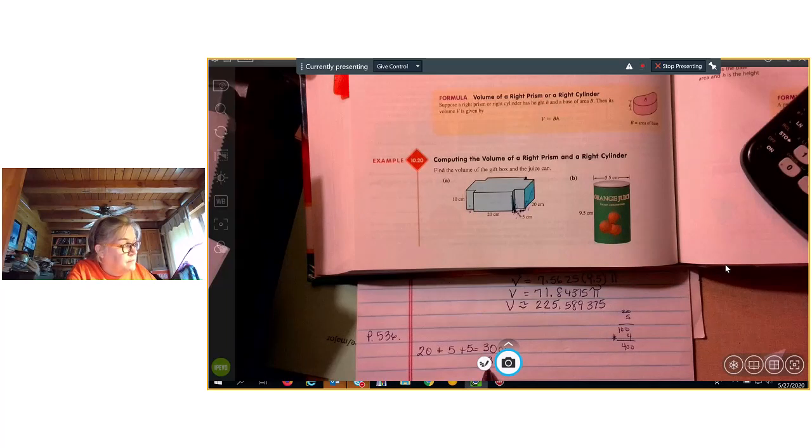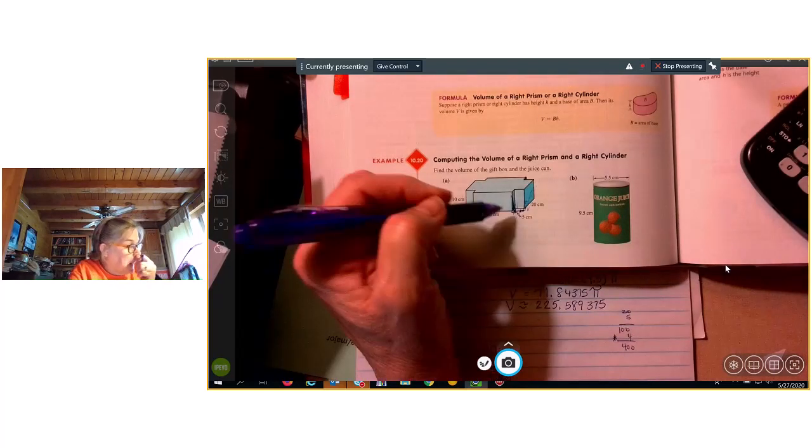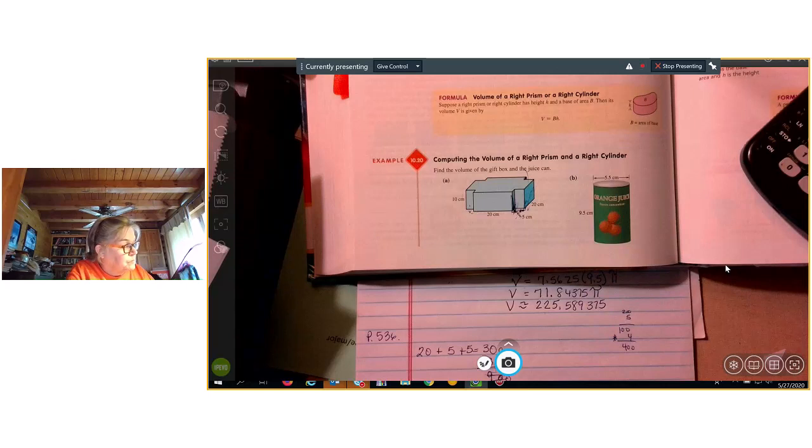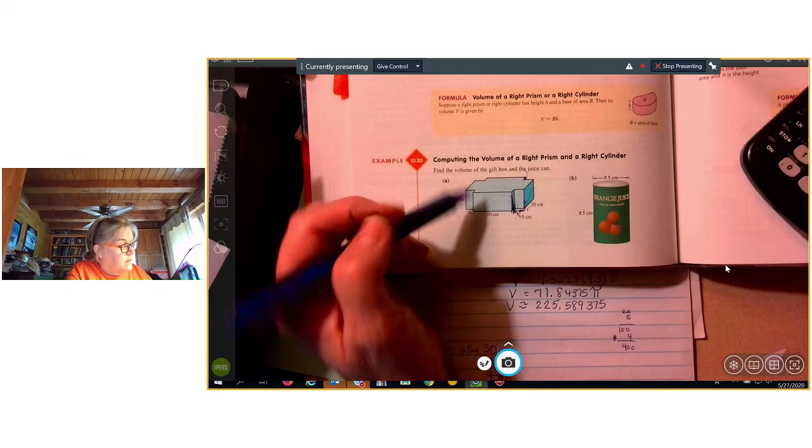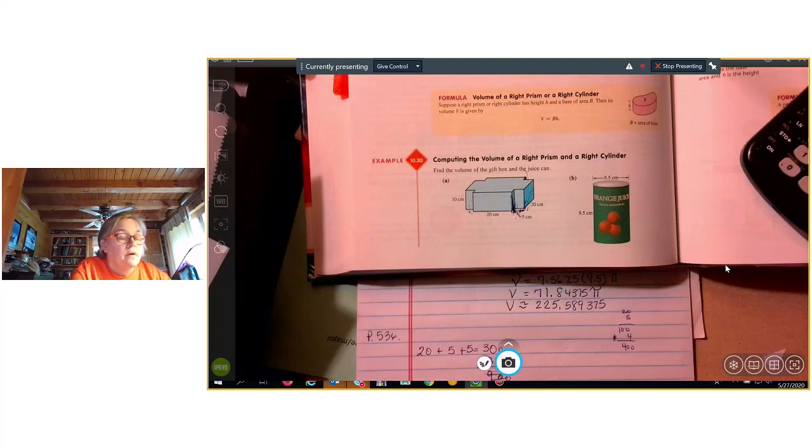So I've got 30 going this way, 30 going this way. So it's 900. And then I'm going to take 400 out of that. So I have 500 square feet that I'm looking at.